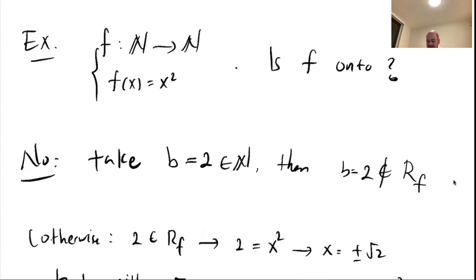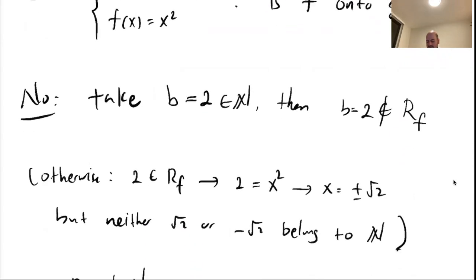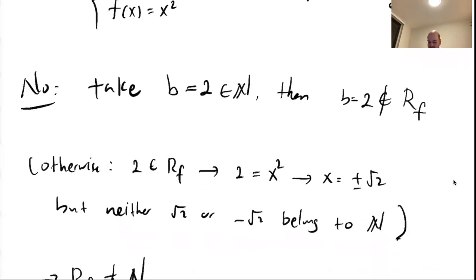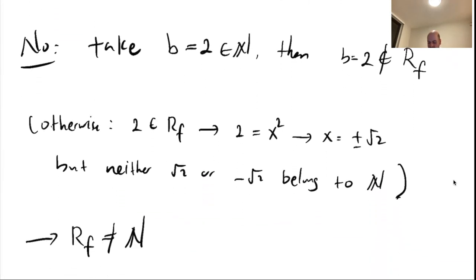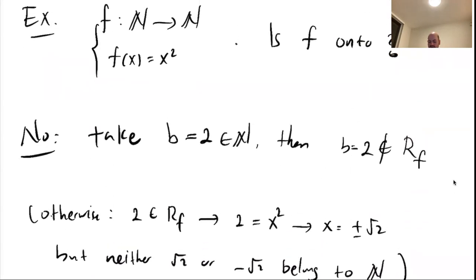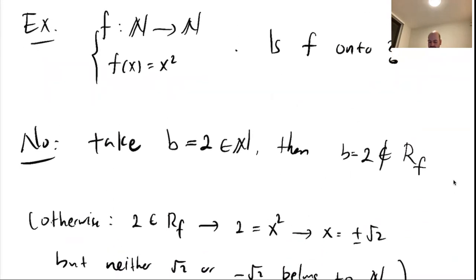So output means f of x, which is x squared. So 2 equals x squared would imply x is either root 2 or minus root 2, but neither of these numbers belongs to the domain. Remember, x must come from the domain, right? But root 2 and minus root 2 are not in the domain, which is the natural numbers in this case. Therefore, the range of f and the codomain are not equal, and therefore the function is not onto.